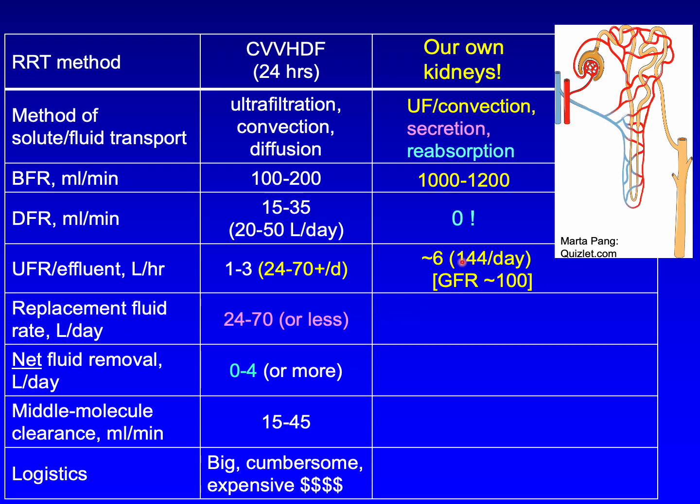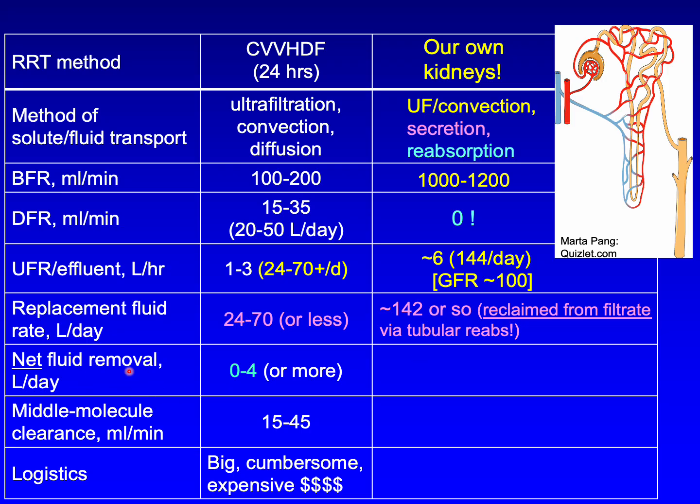And the replacement of that filtrate is done not with large bags of fluid that have to be instilled, but rather with just reclaiming what's needed from the filtrate. In other words, we make our own replacement fluid simply by having the work of millions of tiny ATPase pumps in the renal tubules, pumping away to reabsorb fluid and electrolytes and return them to the circulation.